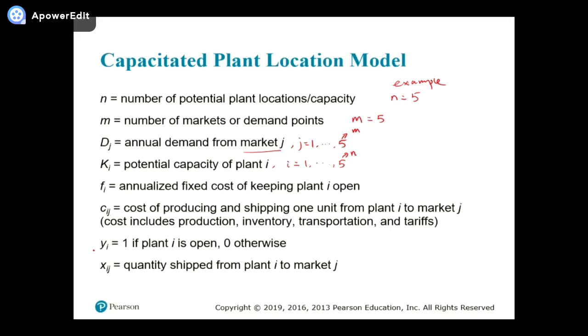And then comes our decisions. Decision 1 is facility location and capacity. And then we have Xij, which is our demand allocation decisions.